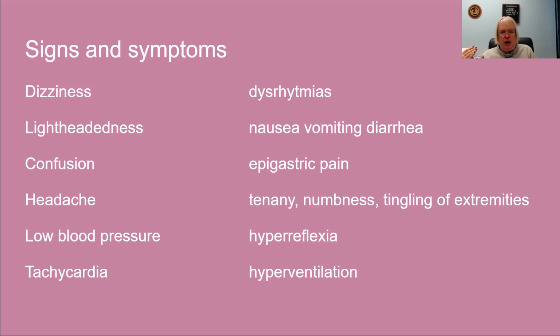I can come up with all of them, or at least most of them, because I've been through a panic attack or I've seen somebody else go through a panic attack. So if you know that respiratory alkalosis is caused by panic or fear, it's easy to get these signs and symptoms.